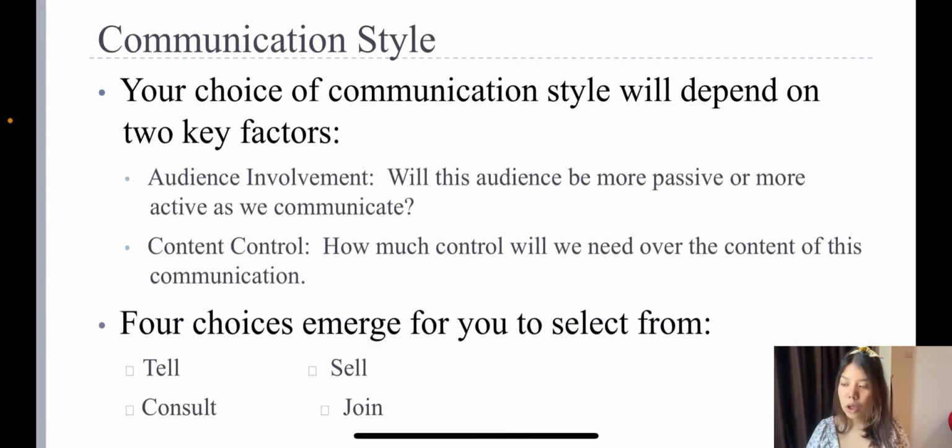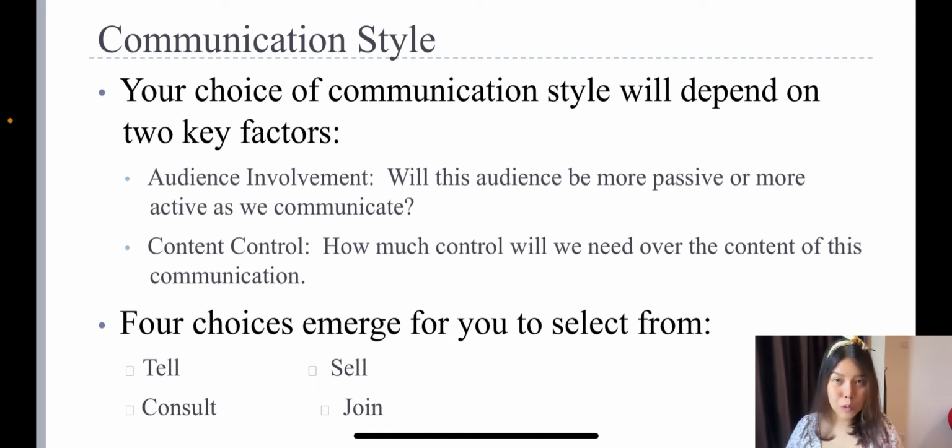So next, communication style. Your choice of communication style will depend on 2 key factors. The first one is audience involvement. Will this audience be more passive or more active as we communicate? Let's say you're in a campaign or any event that you made, and obviously you want to know if your audience will respond to you, right?